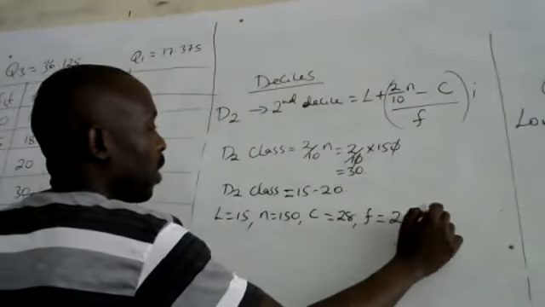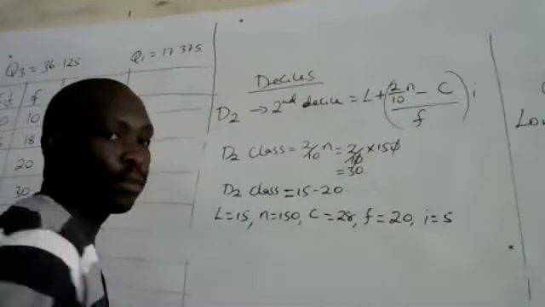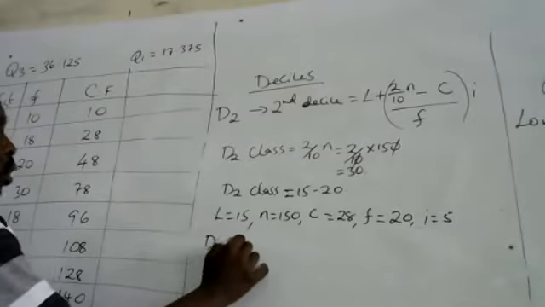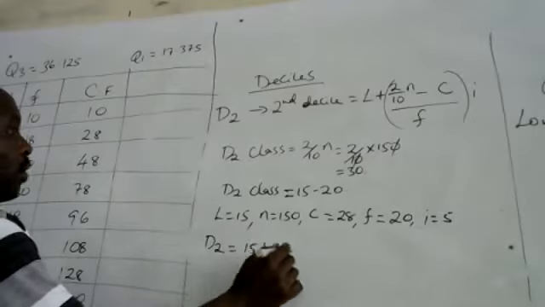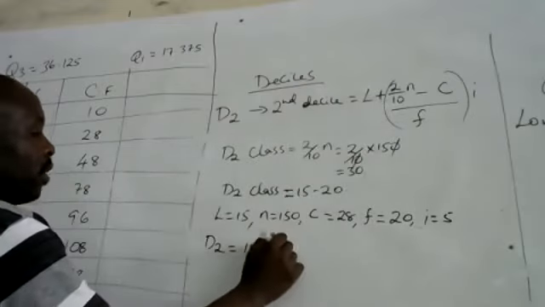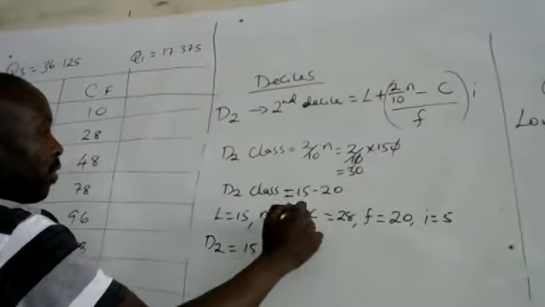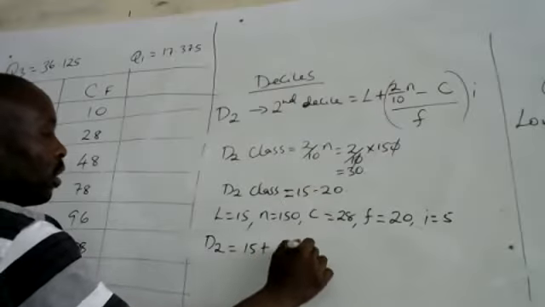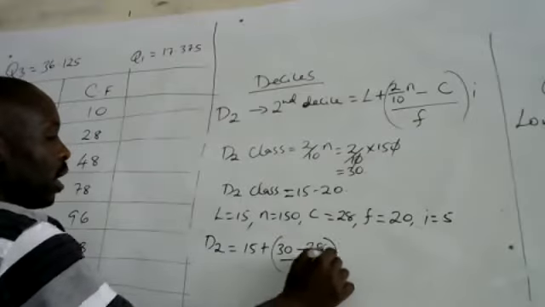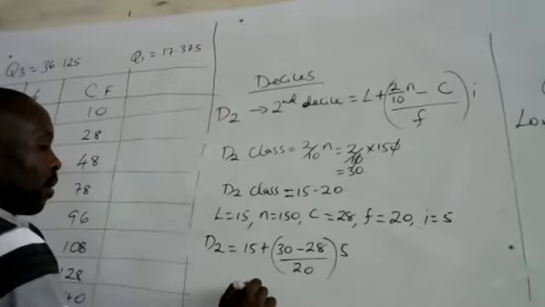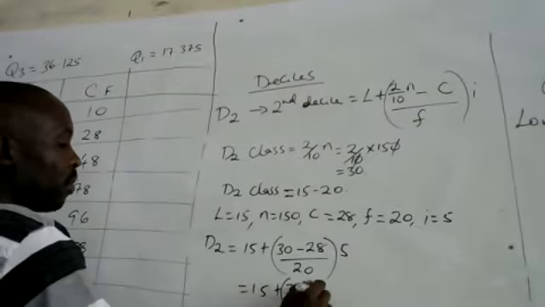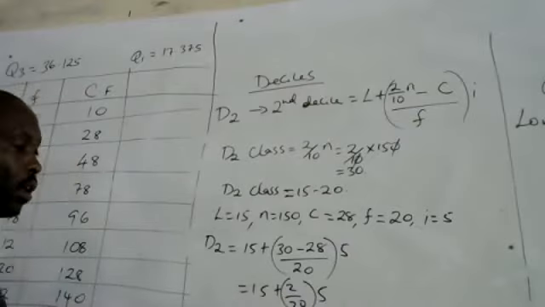And our I will still remain 5. Therefore, D2 will be equal to 15 plus 2 over 10 N, which we calculated as 30, minus C, which is 28, over F, which is 20, times 5. This gives us 15 plus 2 over 20 times 5. What do you get?